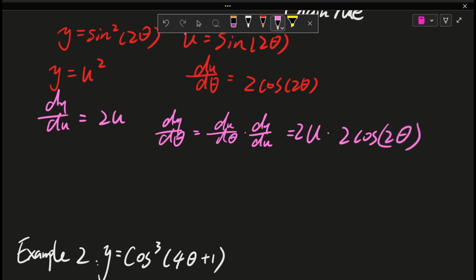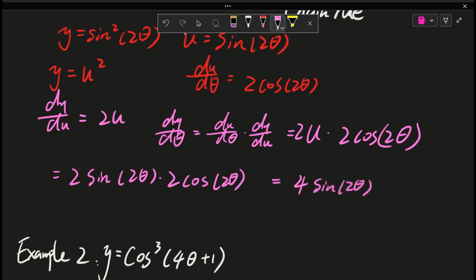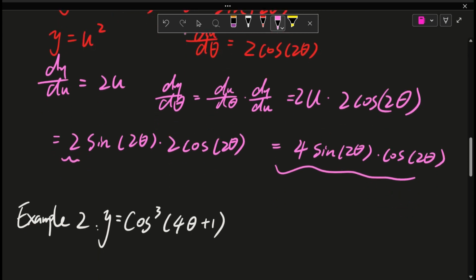And u equals sine 2 theta, so that equals 2 sine 2 theta times 2 cos 2 theta, which equals 4 sine 2 theta cos 2 theta. And that is your answer. Make sure you simplify in the end, especially when you have two twos.